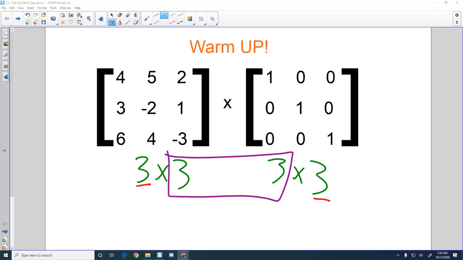You add those up, and that becomes the first number in your solution matrix.